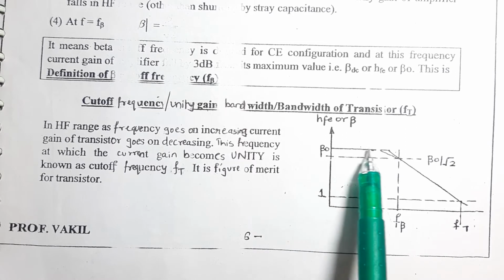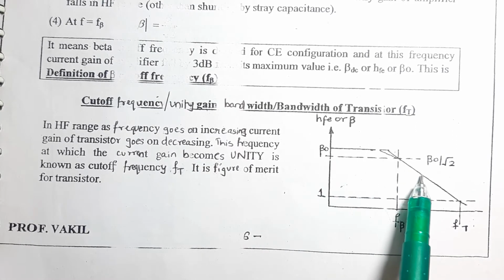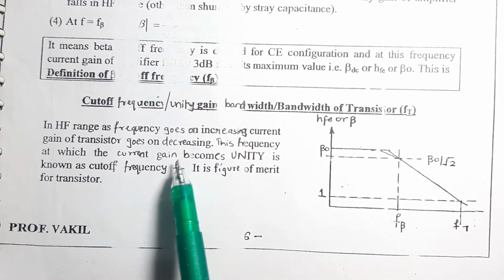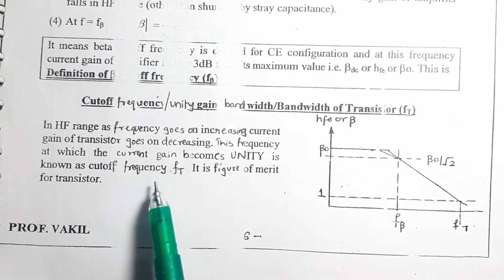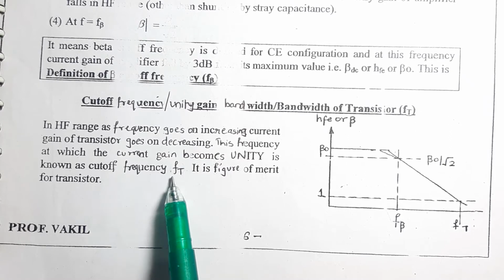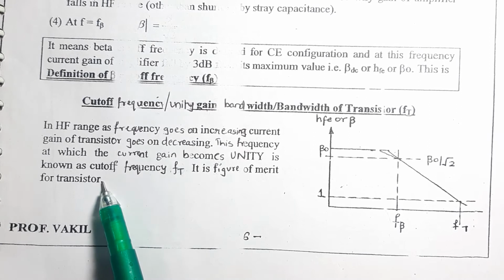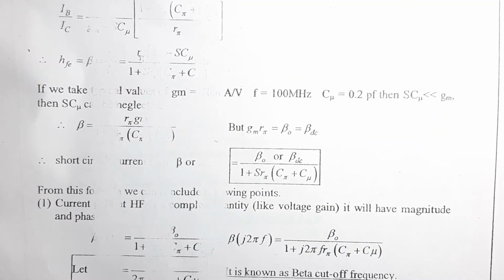As you can see over here, the current gain, which is given by beta, is going to decrease after a certain point. This frequency at which the current gain becomes unity is known as the cutoff frequency, which is represented by the term Ft. It is a figure of merit for the transistor. So now how do we calculate it? I'll let you know, don't worry.